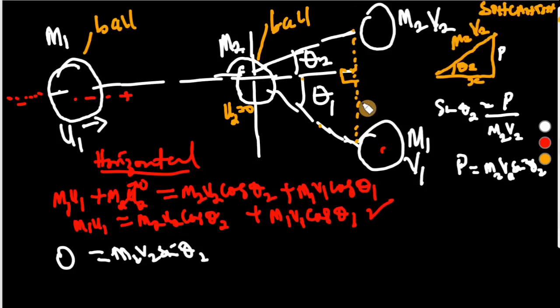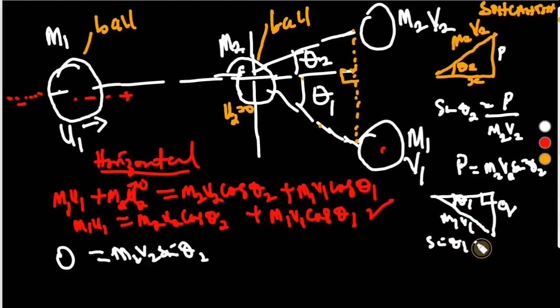Now we look at the downside. This is in the negative. Looking at the vertical, this is theta 1 and this is m1v1. Let's label this q, so that sine theta 1 equals opposite upon hypotenuse.